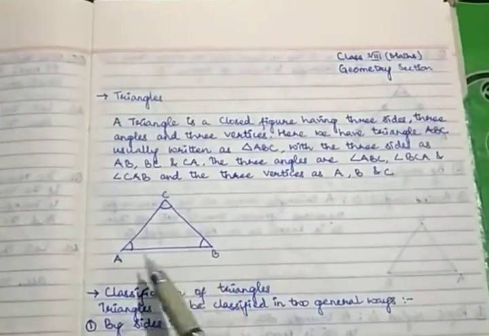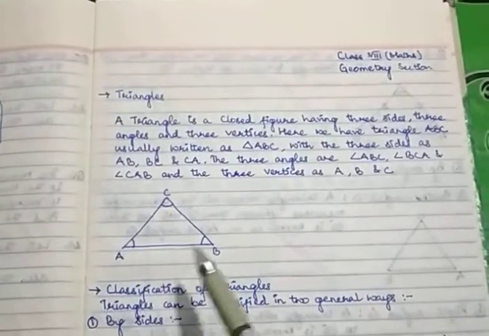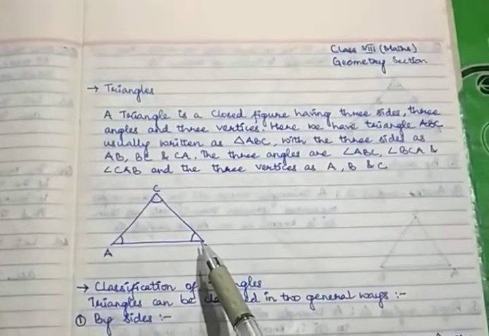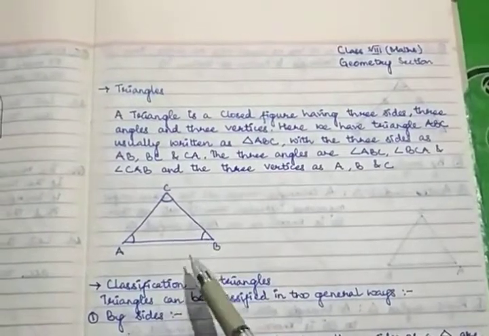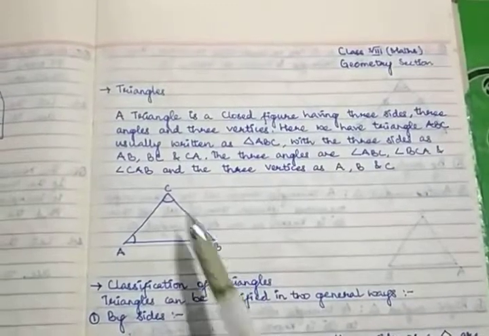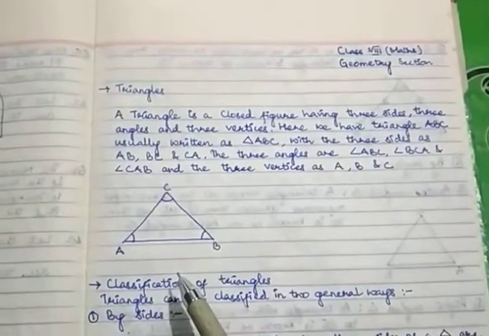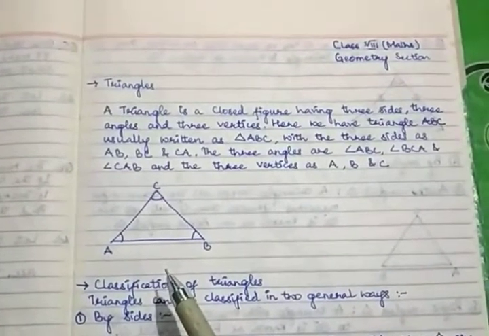CAB or BAC. Remember, the vertex has to come in the middle. When you are referring to the angle at B, you can call it angle ABC or CBA. The vertex has to come in the middle when referring to a particular angle.